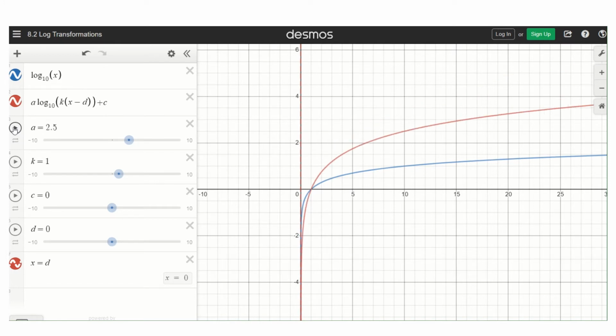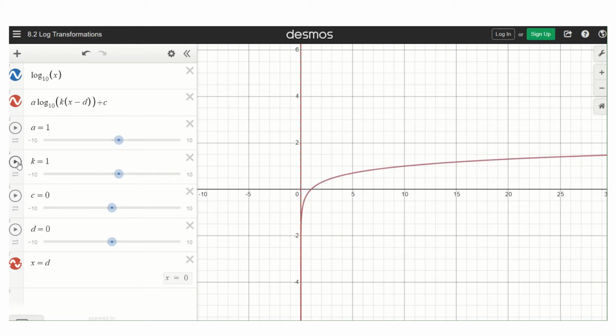Now in a second, it's going to flip over because my a value becomes negative. There's your vertical reflection. And when your a value is in between 0 and 1, it's a vertical compression. So that's what your a value does. Let's set that back to its default of 1. So a is always an invisible 1.